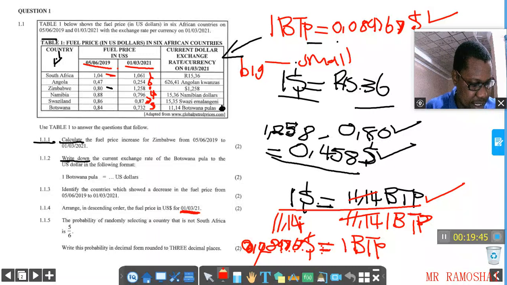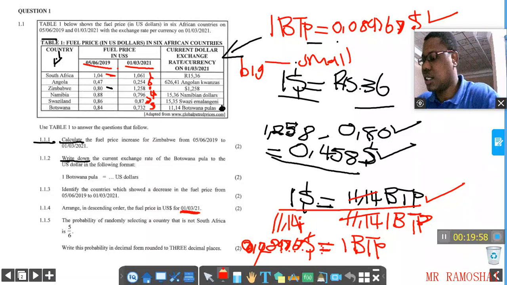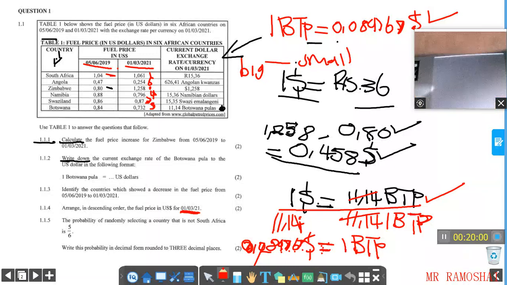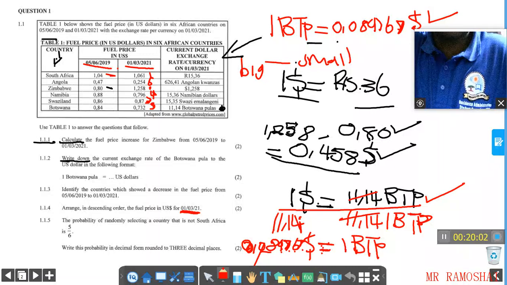5 divided by 6. My calculator is off. What is happening? Okay, 5 divided by 6. This calculator is not working with me now. Where's the other calculator?